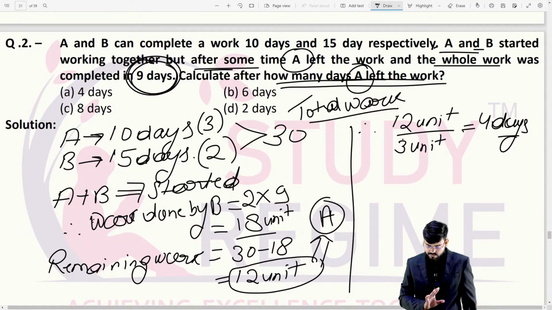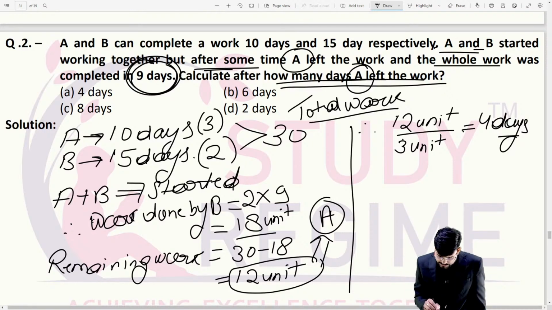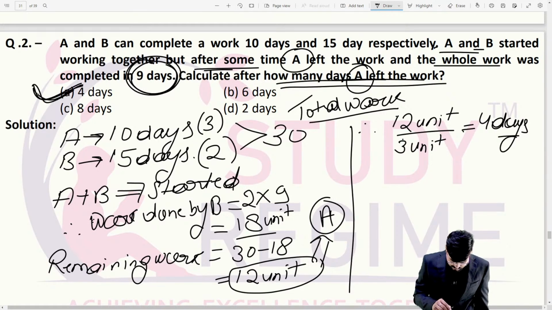Clear? You just divide 12 by 3, you will get 4 days. In the question it has been asked to calculate after how many days A left the work. So A left the work after 4 days. Clear? You got the answer?